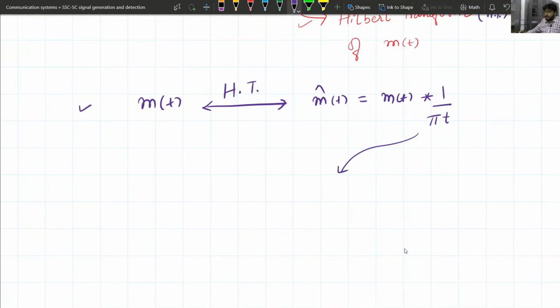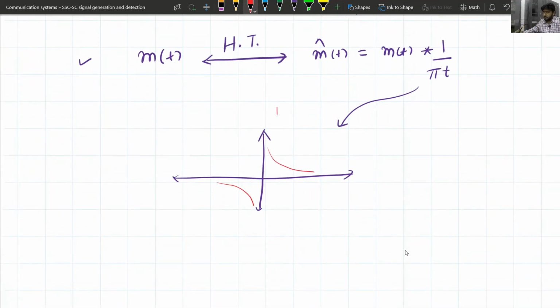How do we represent this signal graphically? This is the signal. Then graphically this signal can be represented as... This is 1 upon pi t.